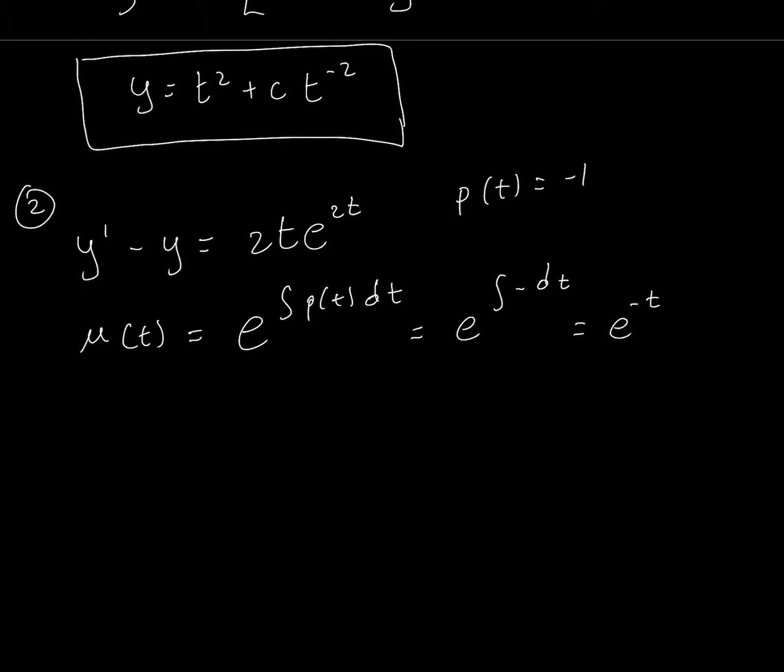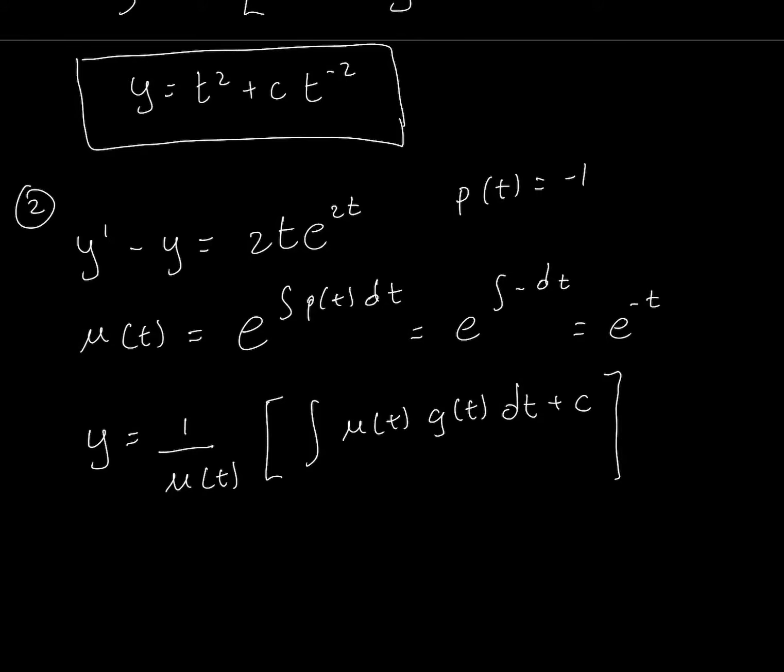Once we have that, we're going to use it to substitute in our formula. Let's write the formula again: one over mu of t times the integral of mu of t g of t dt plus c. Let's substitute that.